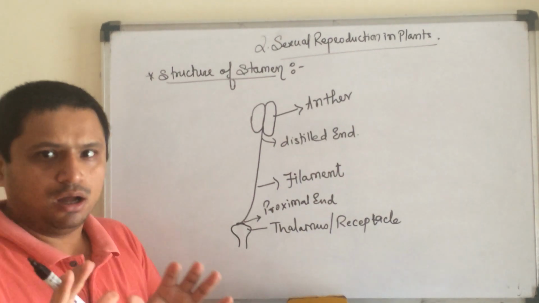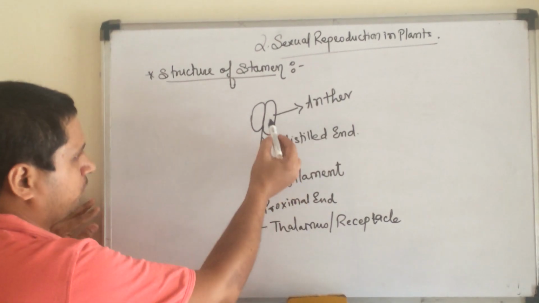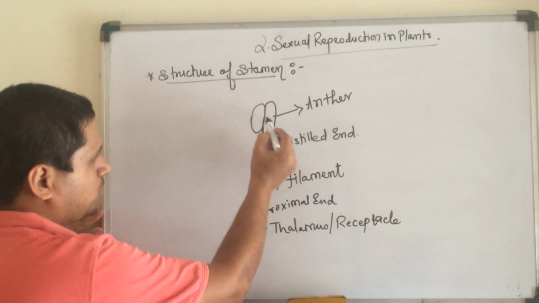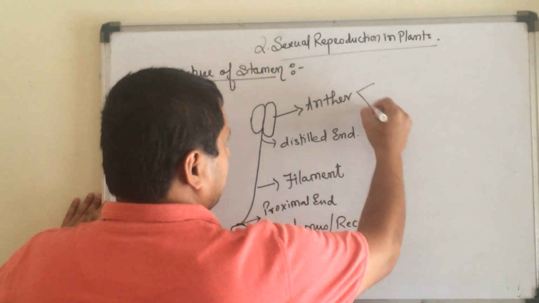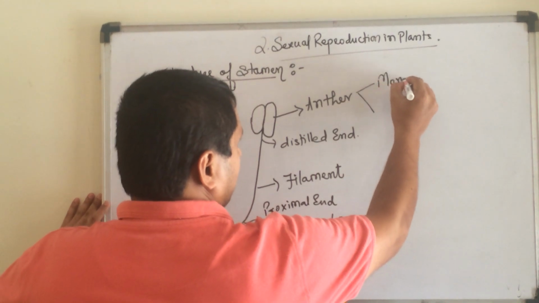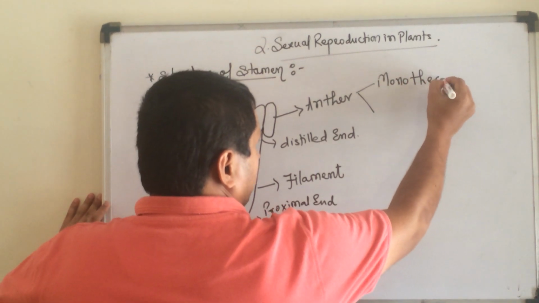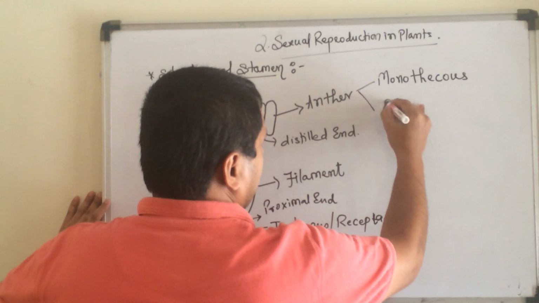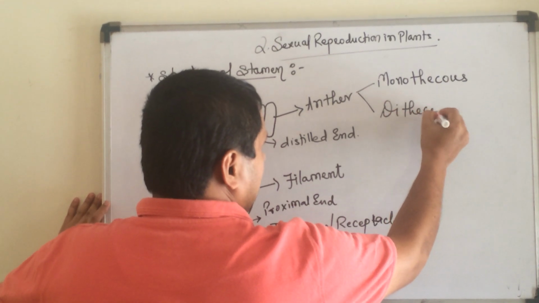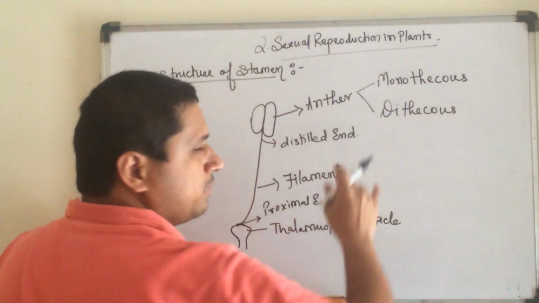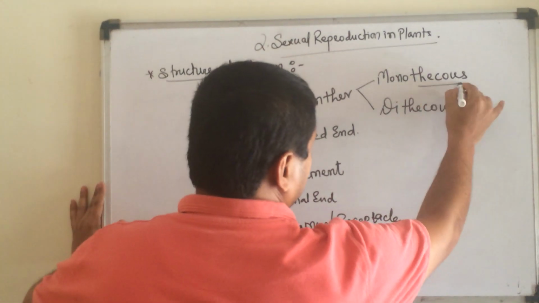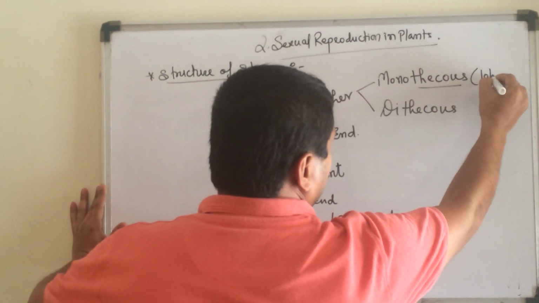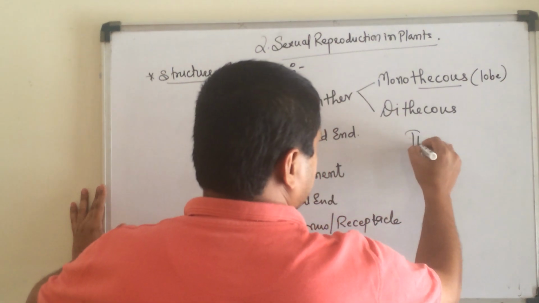Now, based on the type of the anthers, you can see there are two anthers. They are classified into two types: monothecous and dithecous. Mono meaning single, di meaning two. Thecous meaning lobe, that is theca.